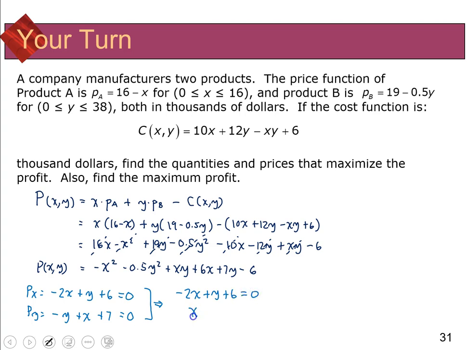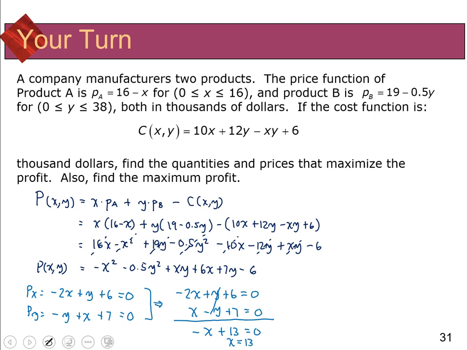If I do some rearranging of these two, I have negative 2x plus y plus 6 equaling 0, and x minus y plus 7 equaling 0. If I add these equations together as is, I get negative x, the y's cancel, plus 13 equaling 0, which means that x has to be 13.